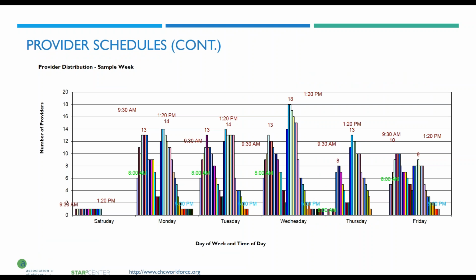And I love this graph, by the way. I really do. I was hired to come in and take a look at a very large health center that has 10 sites and had a really large residency program.